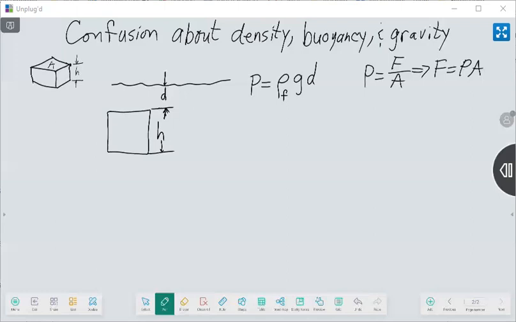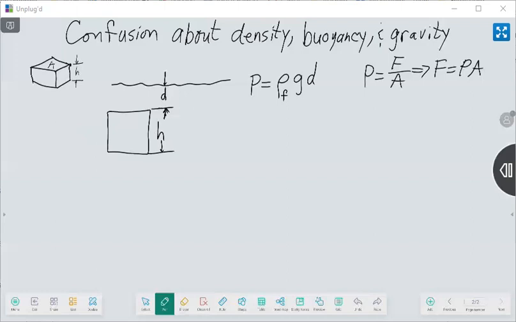The pressure of the fluid acts on the box all the way around. But any pressure this way is canceled by the same pressure on the other side. So they all cancel out. The only thing we really are concerned with is the pressure and the force on the top and the bottom.